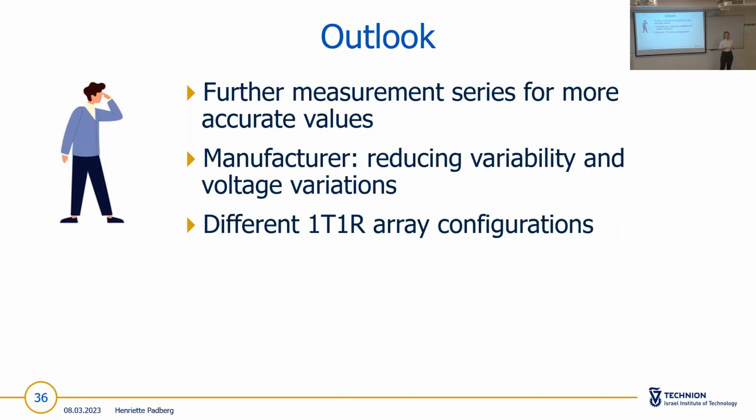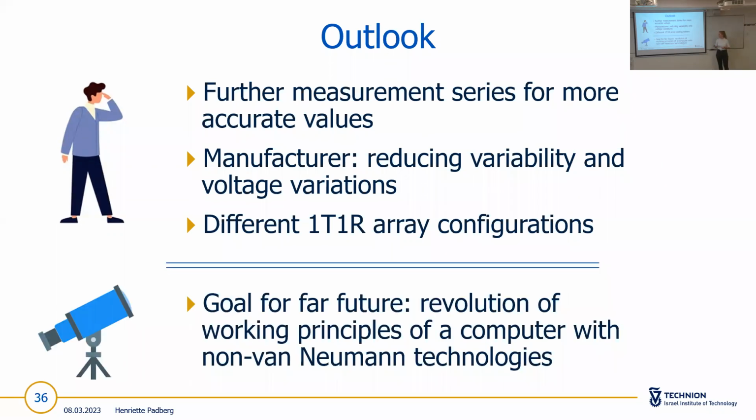The manufacturer has to improve the cells itself so that there's less voltage variation and less variability to make it more reliable. And you can use the different 1T1R configurations. And for the far future, of course, the goal would be to revolutionize the way a computer is working with non-von Neumann technology.